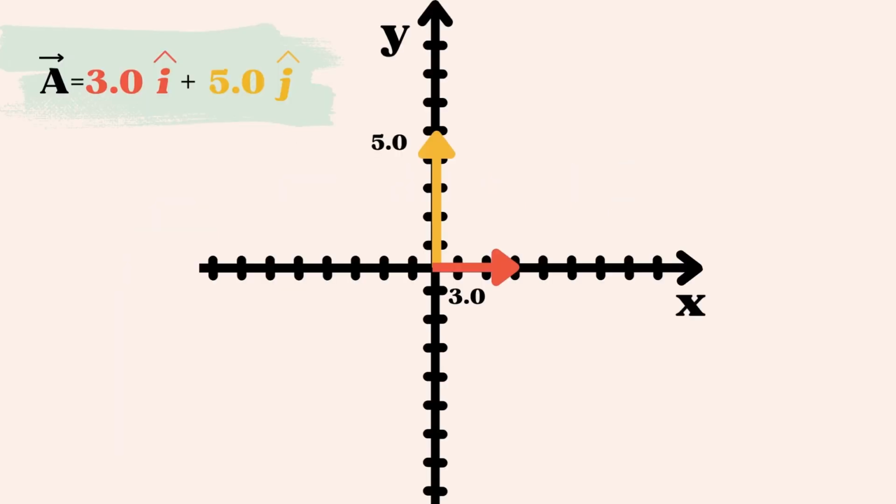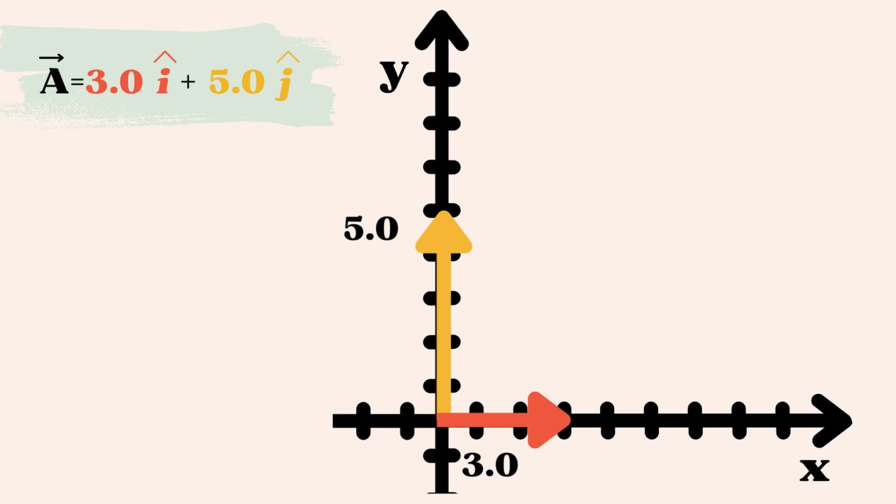So first thing that you do is you draw its x component and its y component, like so. Now we can zoom in to first quadrant because we don't need second, third, or fourth, because both of the components of this A vector are in first quadrant. So obviously the vector itself is going to be in the first quadrant, right? That makes sense. So this is going to be the vector.